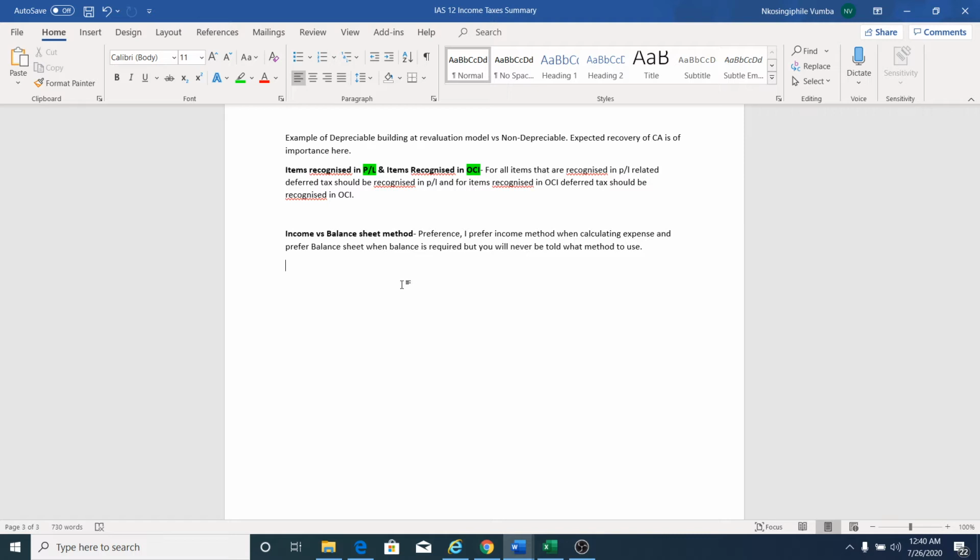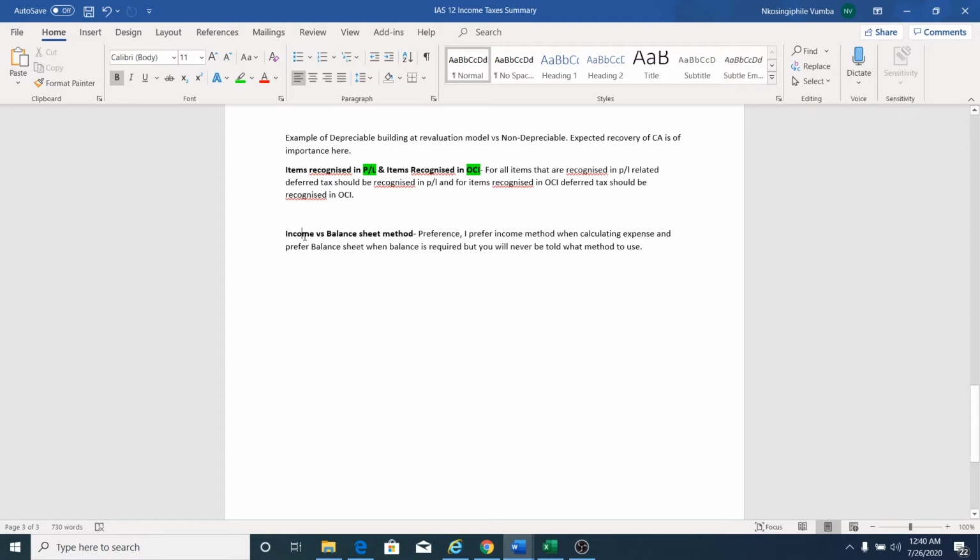The balance sheet method compares the balances from 31st December 20.20 to 31st December 20.1, whatever, and then you do the movement between the two. If you love the balance sheet method, that's fine, just go with it, but the income method is the best for me.